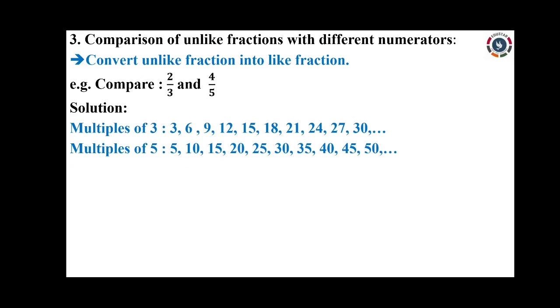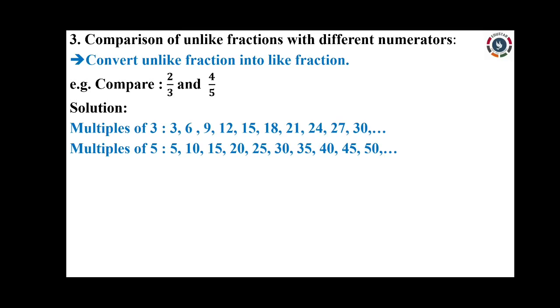Now from these multiples of 3 and 5, we have to find the common multiples. A common multiple means that multiple must be present in both the multiples of 3 and the multiples of 5.